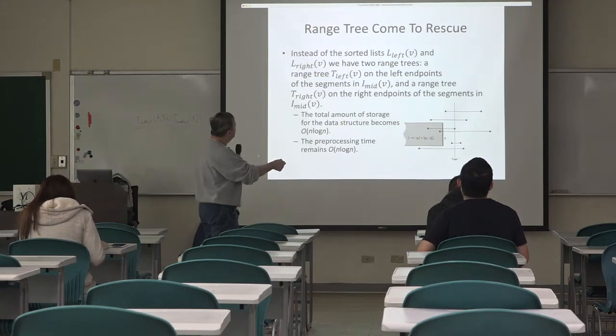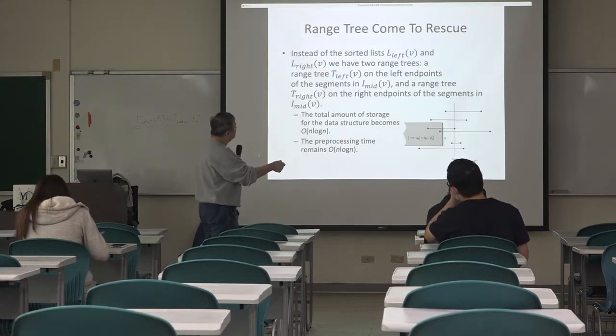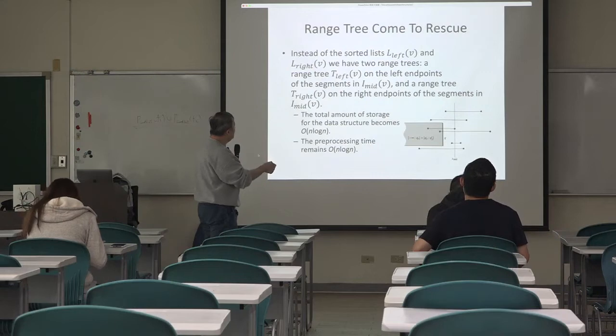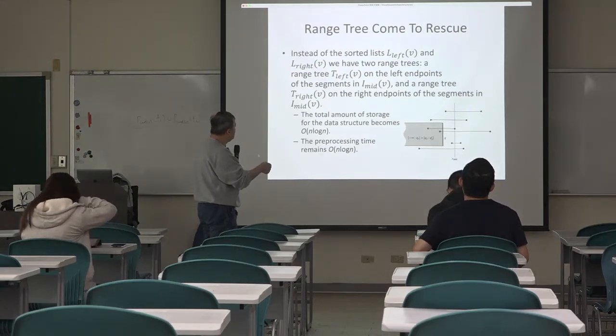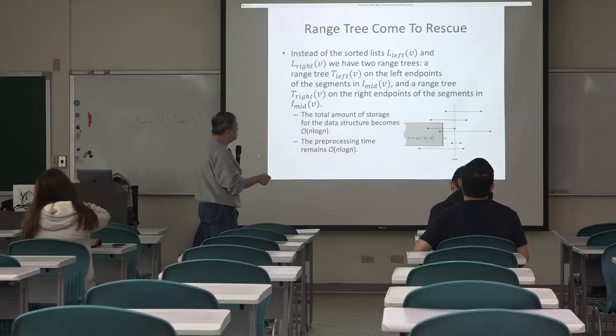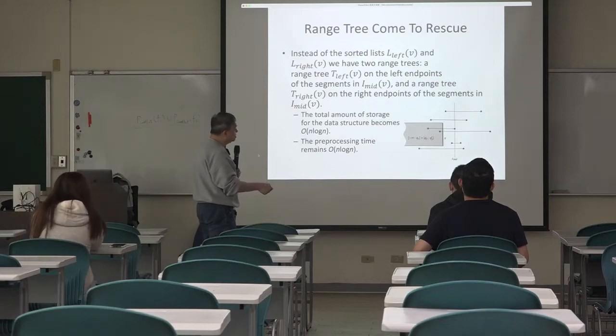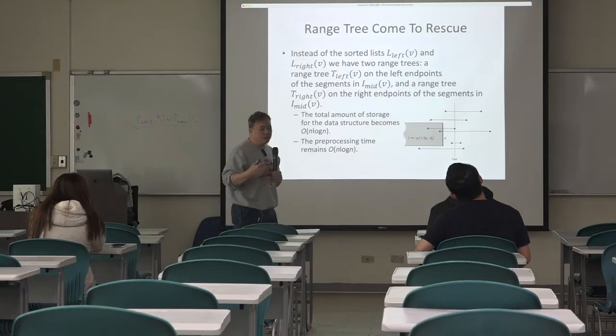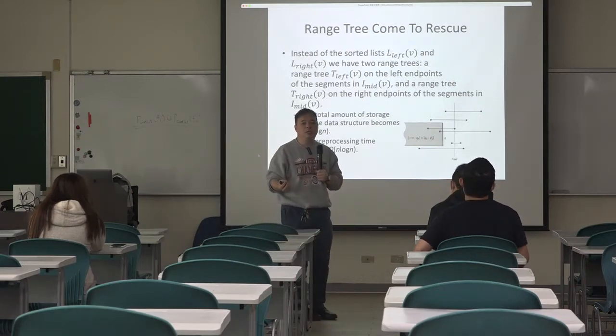By doing so, instead of storing the lists L left V and L right V, we have two range trees. A range tree T left V on the left endpoints of the segments in the I mid V, and the range tree T right V on the right endpoints of the segments in the I mid V. So all the left endpoints will be in one range tree, and all the right endpoints will be stored in another range tree.